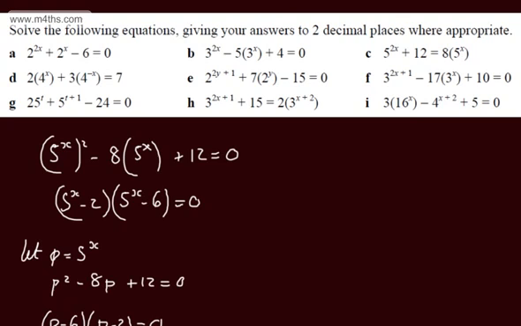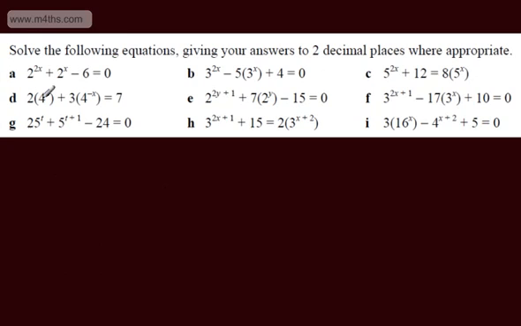Okay, let's do another one. Let's go for this one right here. This is slightly different. So we've got here now 2 multiplied by 4 to the x plus 3 multiplied by 4 to the minus x is equal to 7. What I'm going to do now is let p be equal to 4 to the power of x. This one is slightly more, not tricky as such, but slightly harder to see.